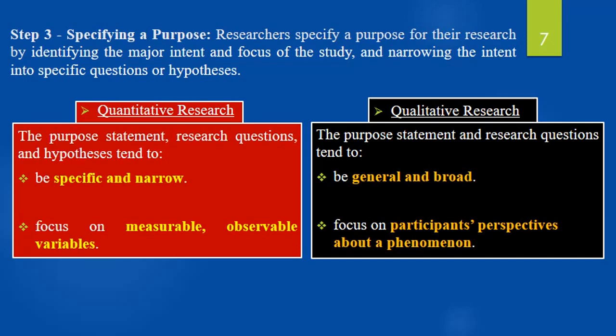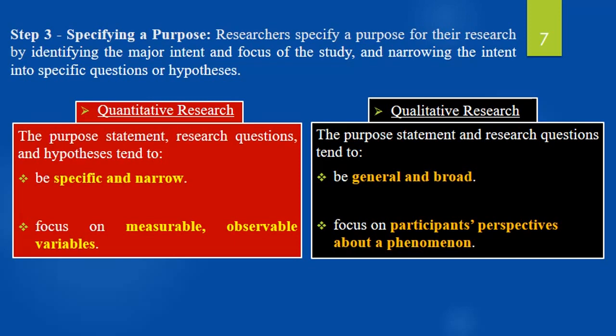But in qualitative research, researchers specify a purpose that is much more open-ended than in a quantitative study. Qualitative researchers state general, broad questions so that they can explore a topic and learn from participants' perspectives and experiences.